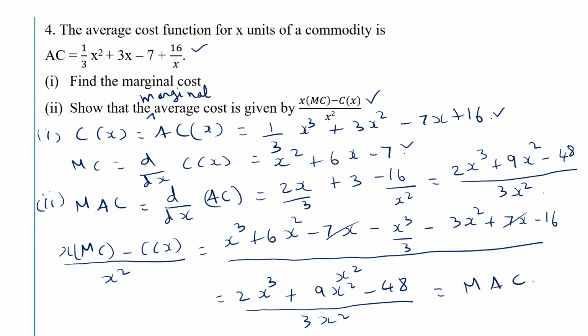So we have proved. We are asked to show that the marginal average cost is given by x into marginal cost minus c of x by x square. We got this function, x into marginal cost minus c of x divided by x square, equal to the same expression. These two are equal. So marginal average cost is equal to x into marginal cost minus c of x by x square.